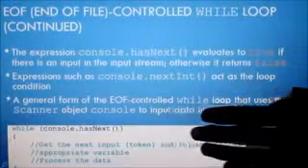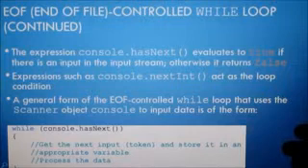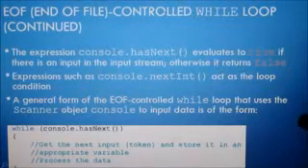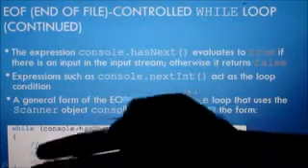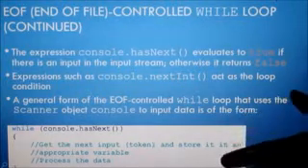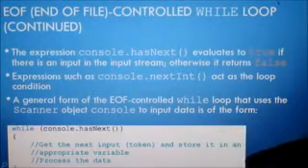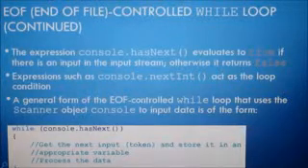The general form of the EOF-controlled while loop that uses the Scanner object console to input data is: while (console.hasNext()) { get the next input and store it in an appropriate variable, process the data }.